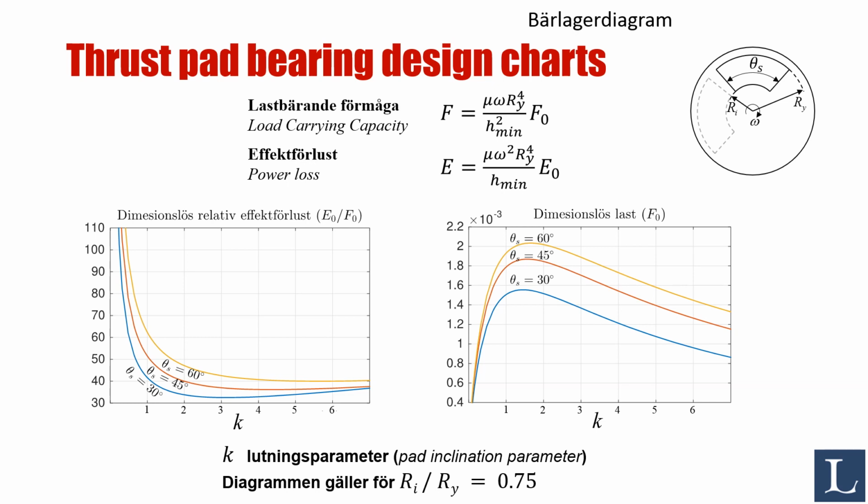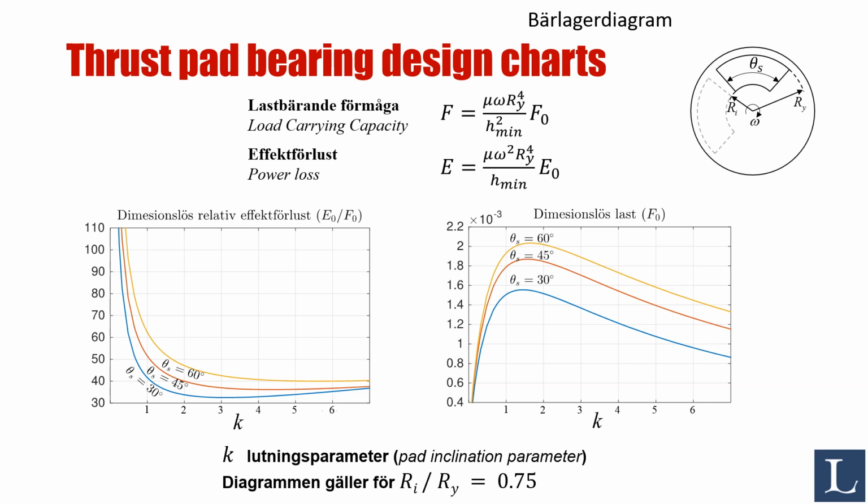So take a look at the curve for the 30-degree segment angle. First, we have a power loss which is decreasing, it reaches a minimum value, then it is increasing again. Okay, looking at the load carrying capacity, we have a load carrying capacity that increases and then decreases again.